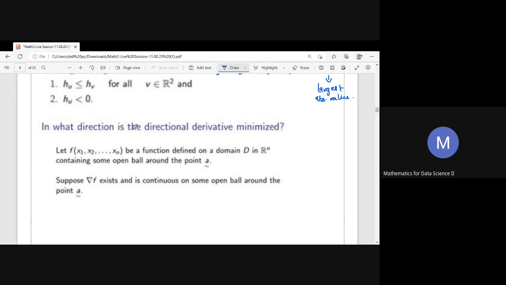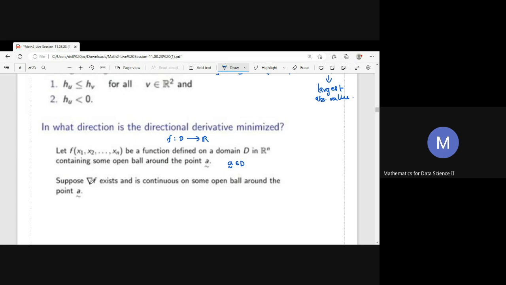For such a problem, let us say you have a function of n variables, f from domain D to R. Here D is a subset of R^n and it is a scalar valued function. You consider a point A in D which has an open ball around it.